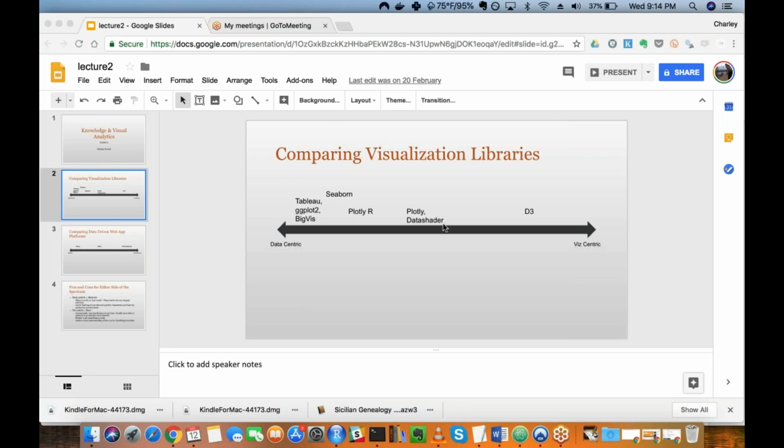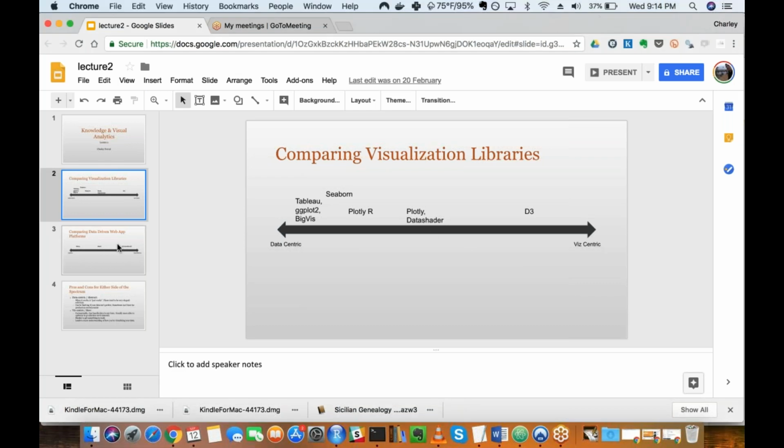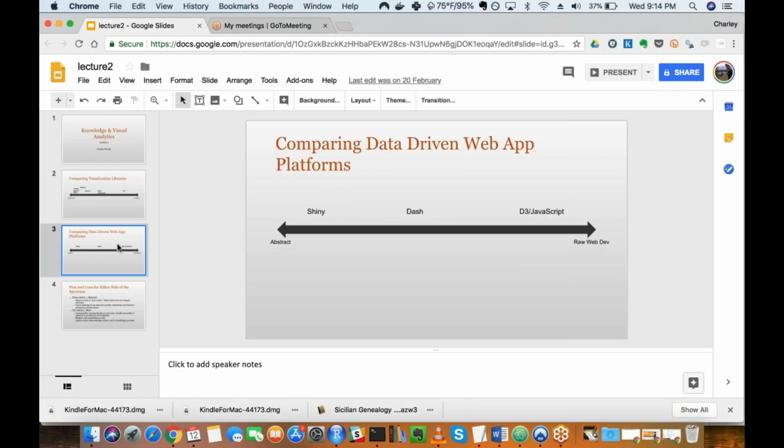So for individual visualizations, you have this trade-off. And as we get into Shiny and Dash and D3, you have a similar trade-off when you're working with these environments. Something like Shiny is very highly abstracted from web development.